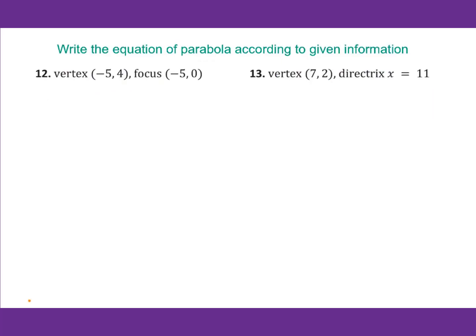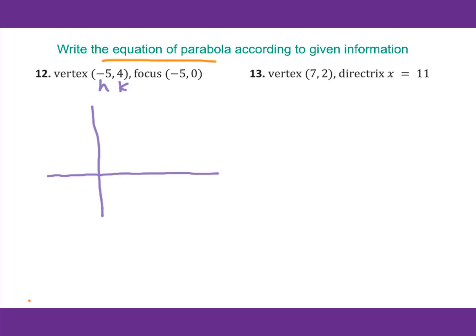For number 12, we need to write the equation of a parabola according to the given information. We know the vertex, that means h, k. We are given the focus. Let's sketch these 2 points on the coordinate plane.